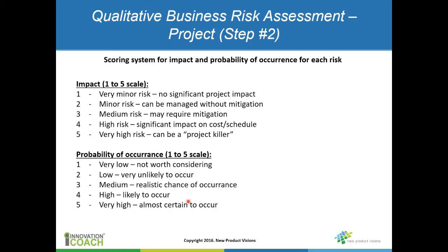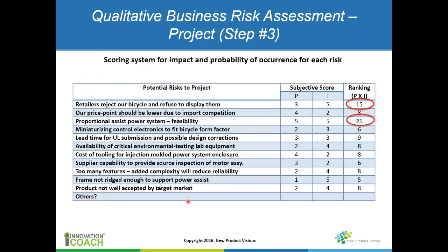And again, this is something that is best done within the context of a team activity. And then once you do that, you can average all that data together and come up with this type of a list where you list out all these potential risks to the project, and you've got your two scores, your probability of occurrence and the impact of the project. You can multiply those two numbers together to get this ranking.